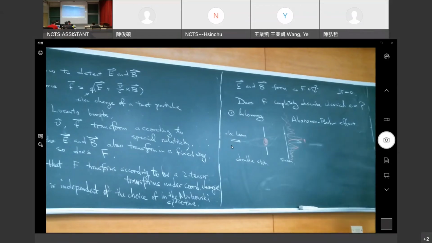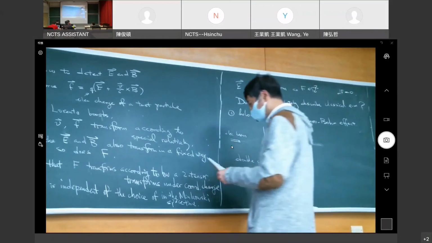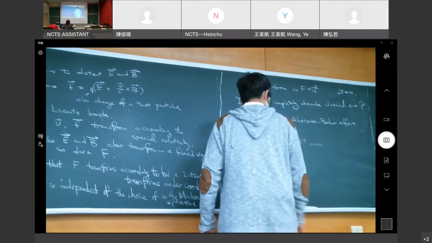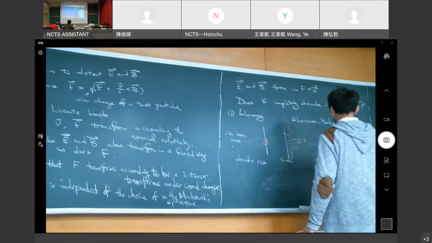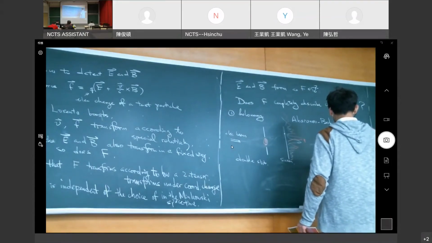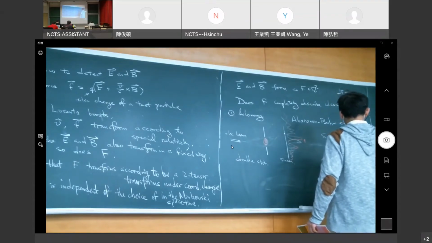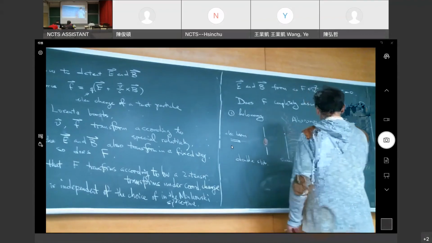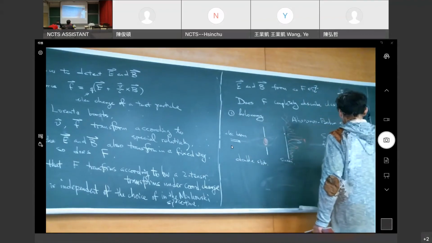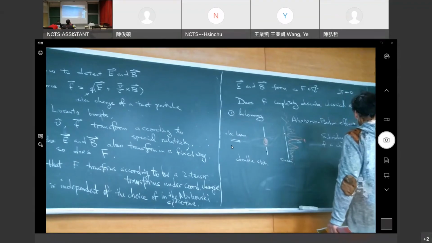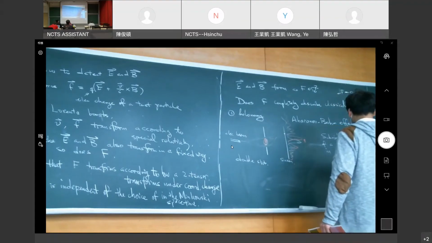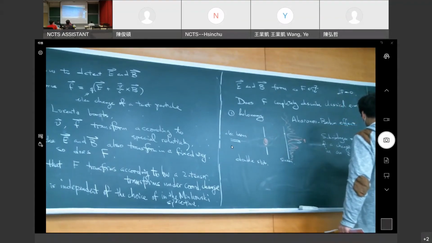So for that, let's say, we look at the Schrödinger operator of a charged particle in an electromagnetic field.